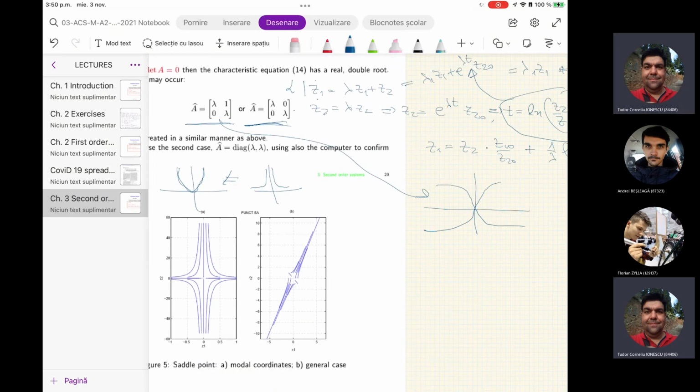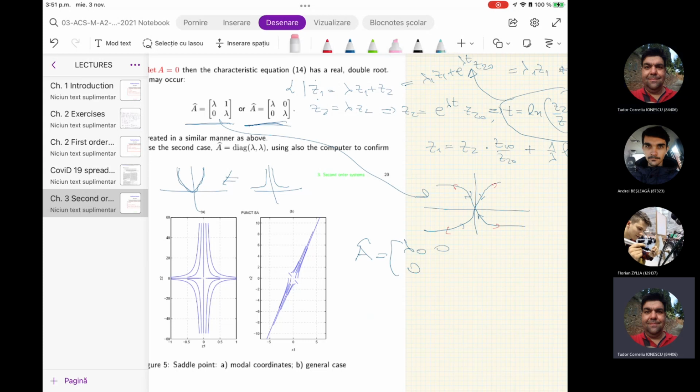And if lambda is negative, it's stable. If lambda is positive, this is unstable.